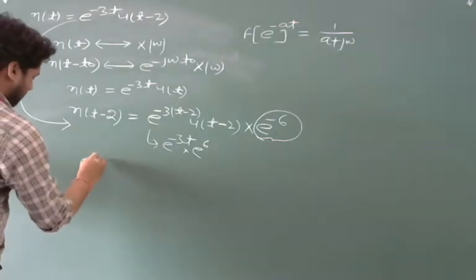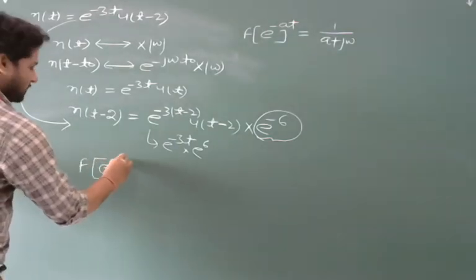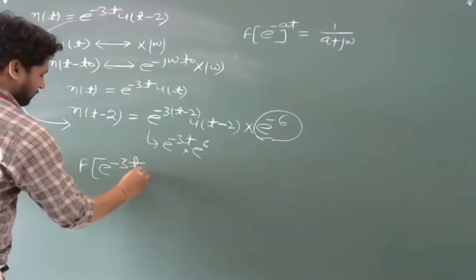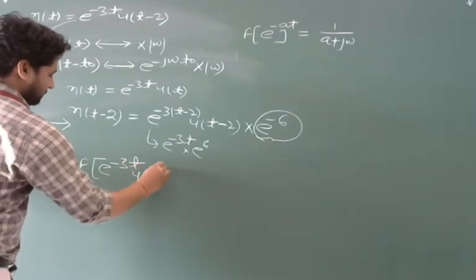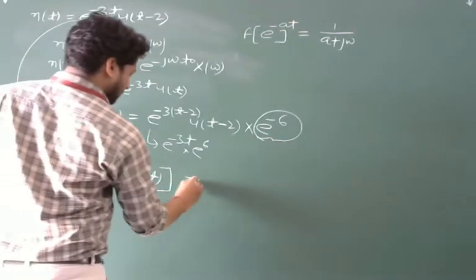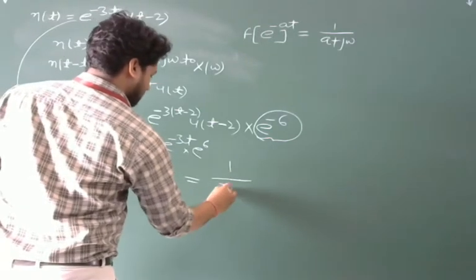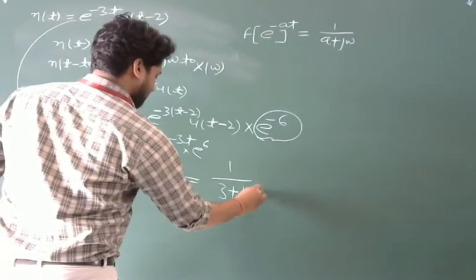The Fourier transform of e^(-3t) u(t) will be 1 upon 3 plus j omega.